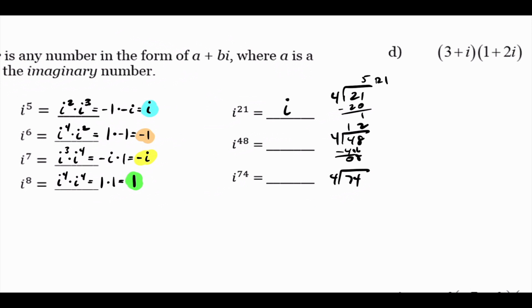So if I don't get a remainder, what is my answer going to be? Positive 1. And then 74. I get a remainder of 2. Remainder of 2 means I get negative 1 as the answer.